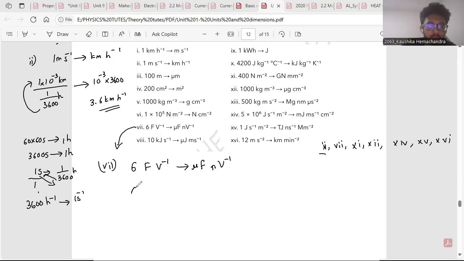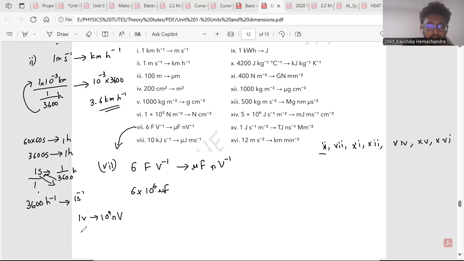So it's 6 into farads to microfarad. 1 farad is 10 to the power 6 microfarad, right? Farad to microfarad. Per volt to per nanovolt. 1 volt is 10 to the power 9 nanovolts.